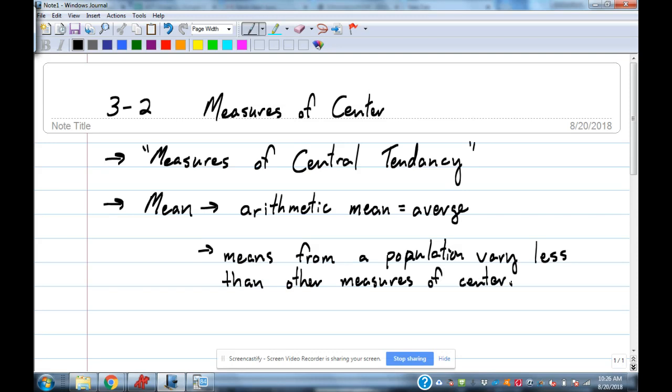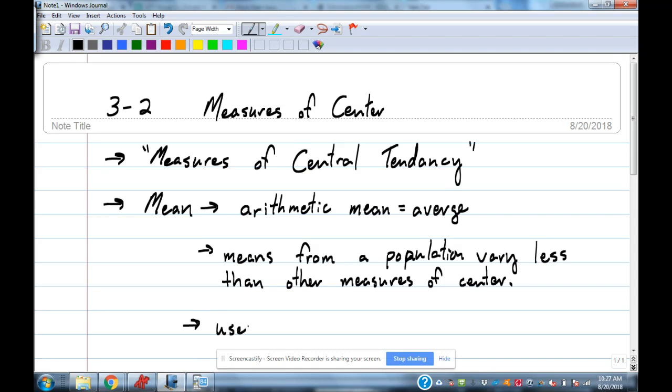Okay, so if it's a mean from a population, it varies. When I say varies less, that means it doesn't fluctuate as much as some of the other measures of center do from that population. So from a population, the mean varies less than some of the others do.